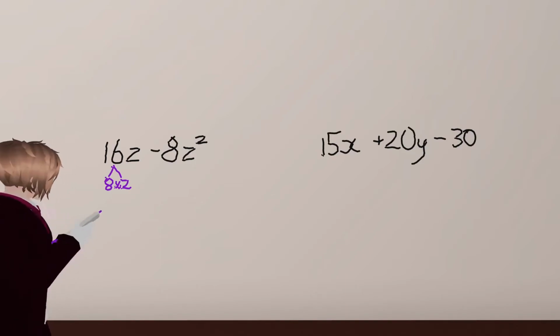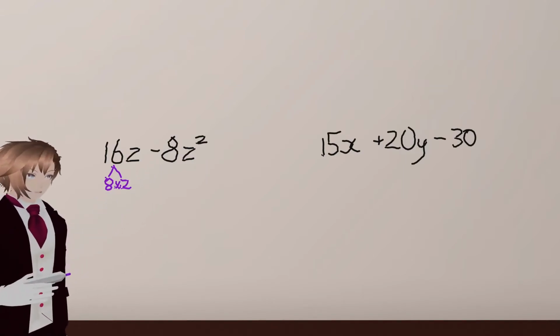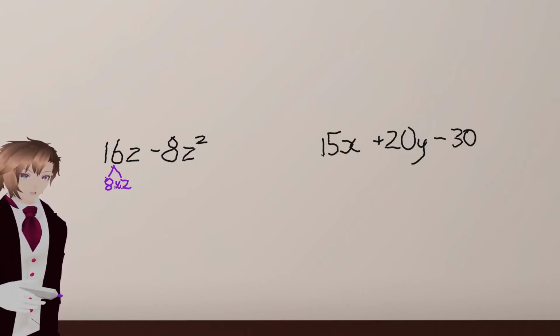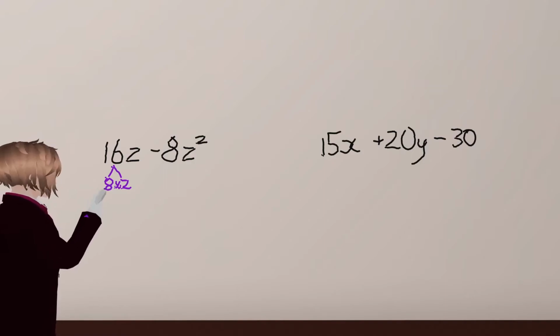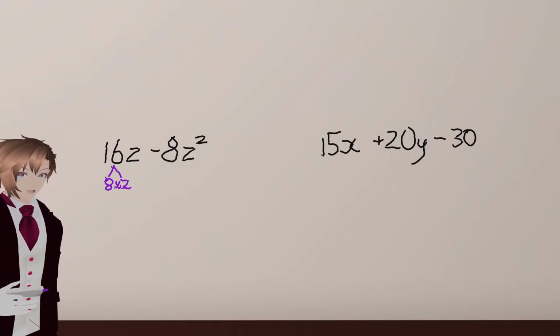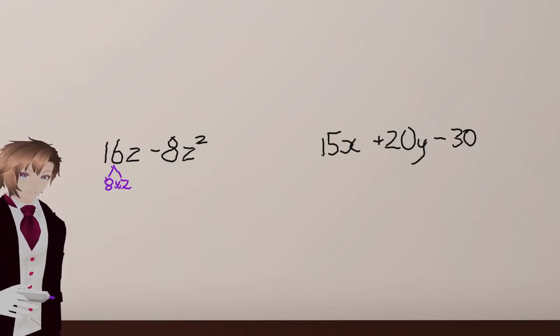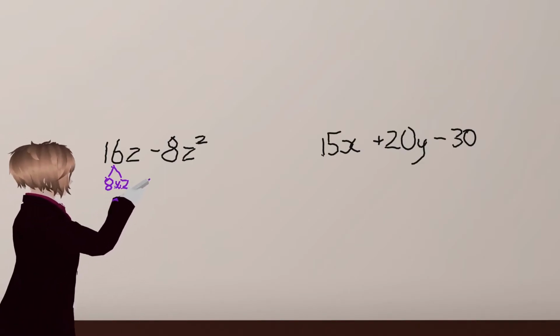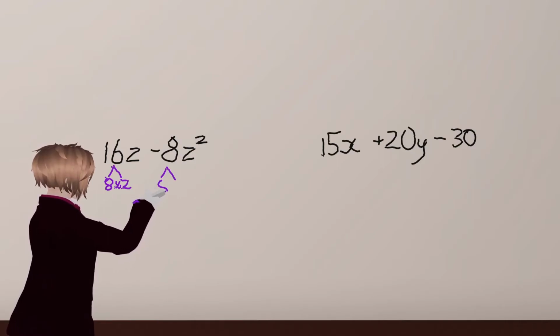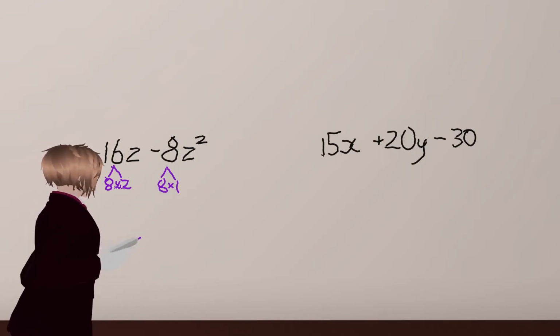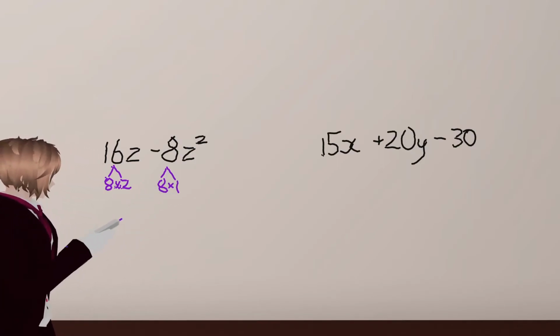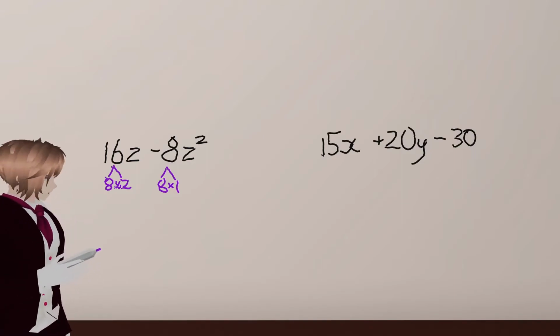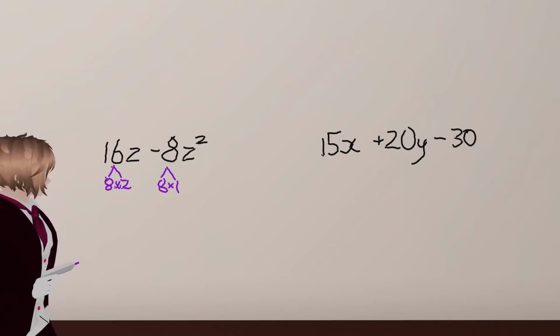We can already see that here is an 8 and here is an 8. So we can already tell that this 8 is going to be our highest common factor. You can try to look for shortcuts to solve it quicker. So we know that this one is going to be 8 times 1. I still wrote out my factor pair because it helps me write what's in the brackets.